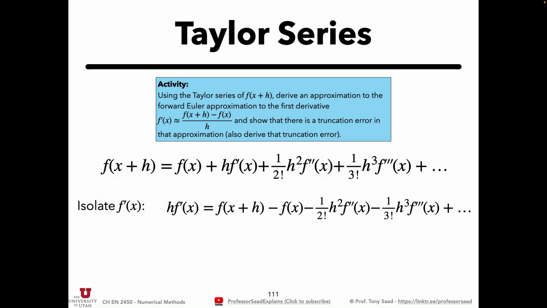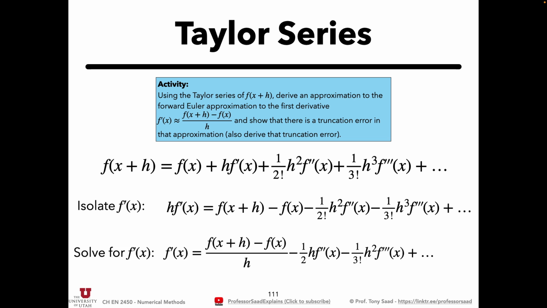I take h f prime of x, move it to the left, and take f of x plus h and move it to the right. There's a negative sign, so I'll multiply by a negative sign. I get h f prime equals f of x plus h minus all of these terms. Now you see f of x plus h minus f of x emerges. What is f prime? I divide by h. That's it. That's all there is.